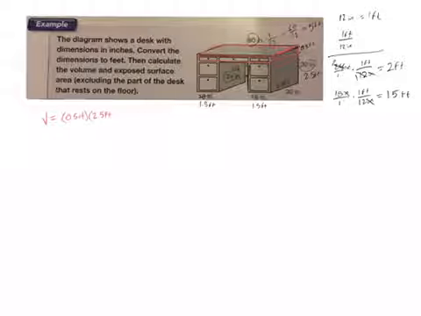So this is 0.5 times 2.5, and then the length here is 5 feet. I used a calculator and I got 6.25 feet cubed. That's the volume of that red part.